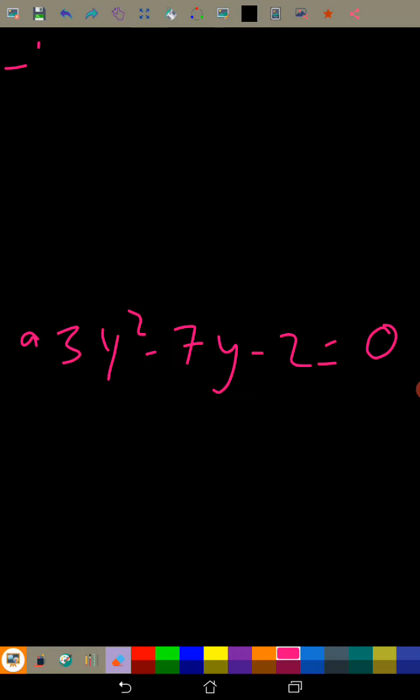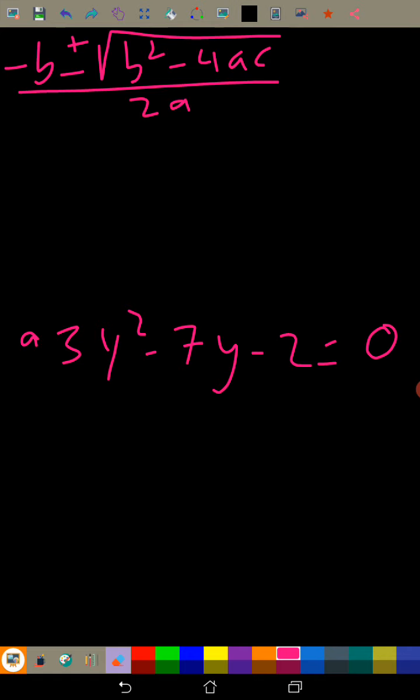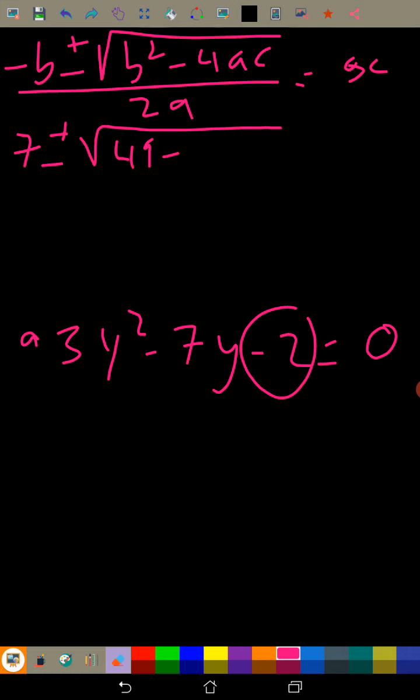So y equals minus b plus or minus the square root of b squared minus 4ac, divided by 2a. And what we need is 7 plus or minus the root of b squared, 49, minus 4 times a, so 4 times 3 times minus 2.